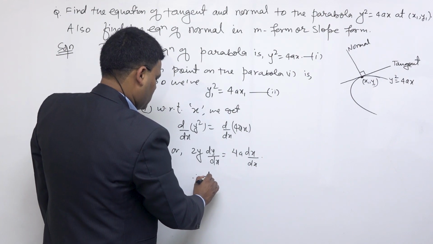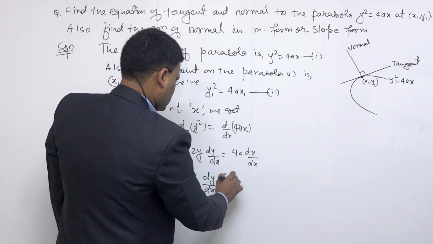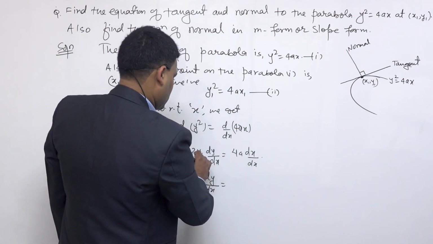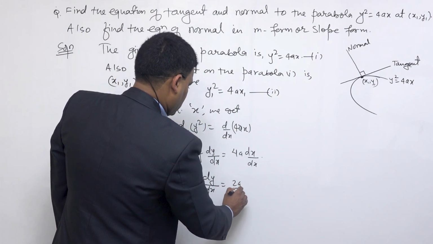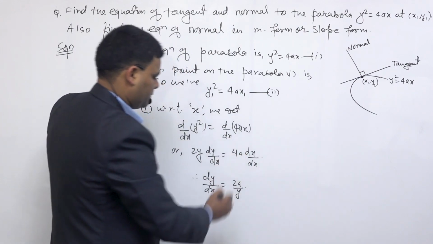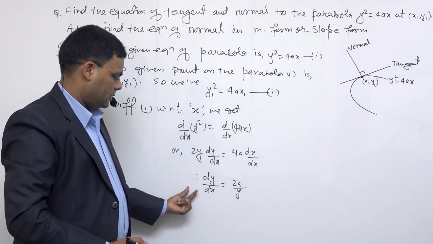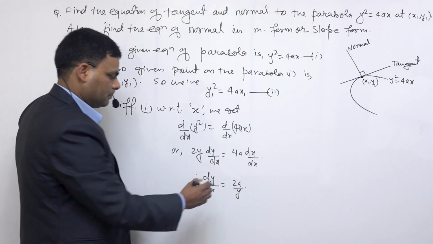Therefore dy by dx equals to 2a by y. The derivative of the function y square equals to 4ax is dy by dx equals to 2a by y.